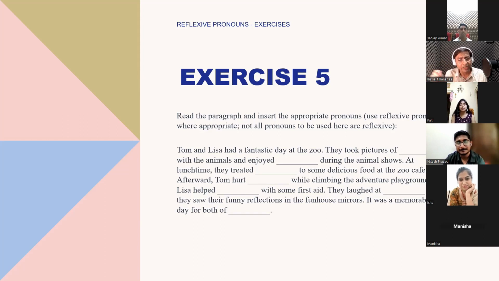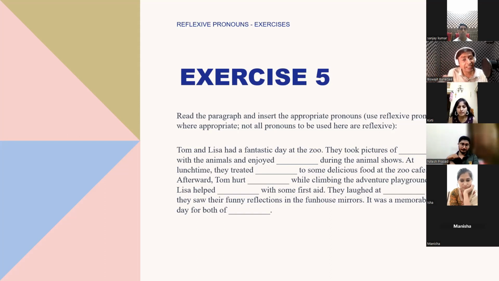Tom hurt himself while climbing the adventure playground, but Lisa helped him. You were right. Lisa helped him. Here, Lisa cannot help herself. Lisa is helping her boyfriend, her husband, her friend, whatever. So here, Lisa is not helping herself. Lisa is helping the boy who has accompanied her to the zoo. So she is obviously helping the boy. So Lisa helped him with some first aid.